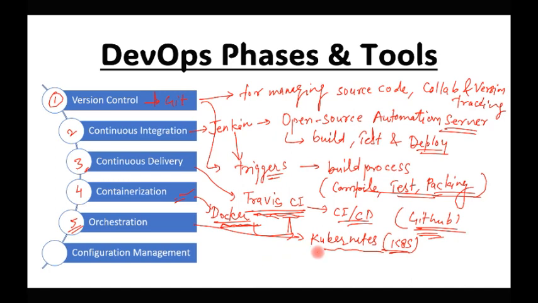Also, we can define the replicas in this Kubernetes environment. Kubernetes is ideal for managing complex microservices architecture. Netflix and other microservices applications are using Kubernetes to manage their containers.